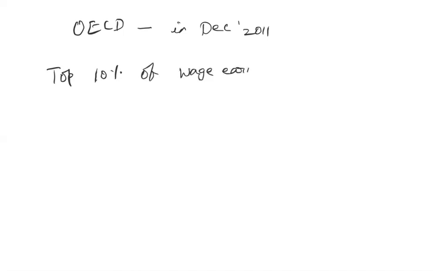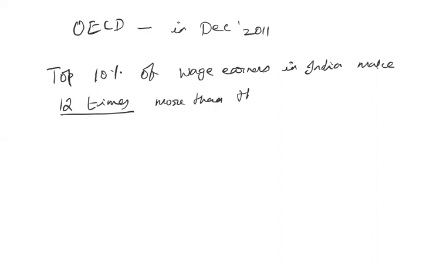According to the OECD, the Organization for Economic Cooperation and Development, they made a survey and found that in December 2011, the top 10% of wage earners in India make 12 times more than the bottom 10%.